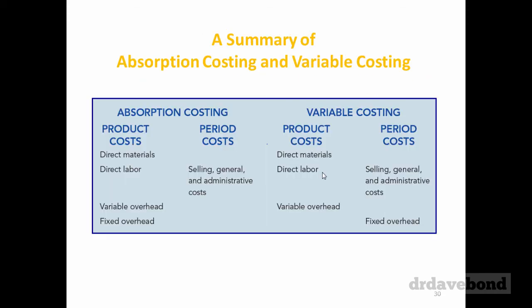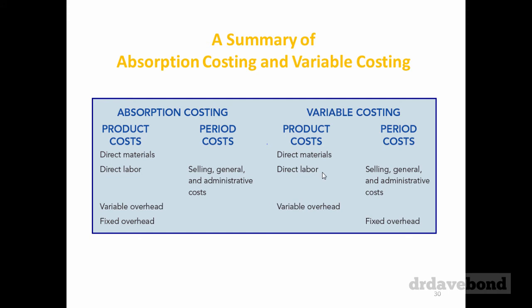The thing to look at with this is, on the left-hand side, we've got absorption costing, and we've got variable costing on the right-hand side. We've got product costs, which attach into the product, and we've got period costs, which get expensed out. If we look at absorption costing, the product costs are direct materials, direct labor, and all the overhead. So every one of the things which directly relate to making that product get included within the cost of that product.